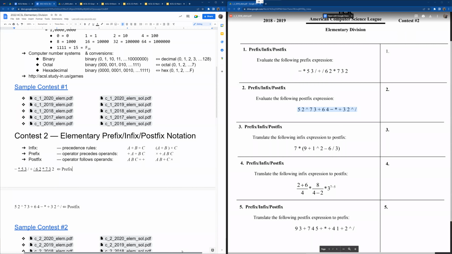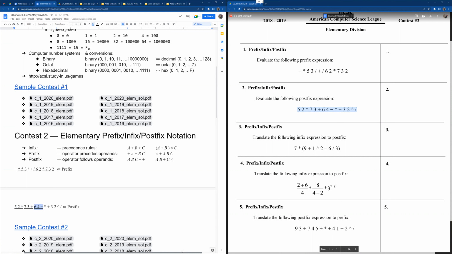6 minus 4 is 2. And then it's postfix, times plus, and then 3 to the power 2 is 9. So 10 times 2 is 20, and then plus, and then 9 divided by equals 45, 9 divided by.